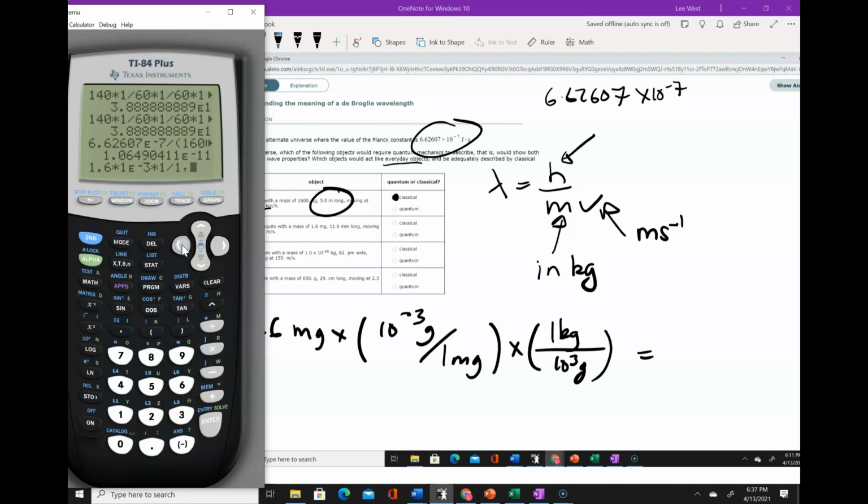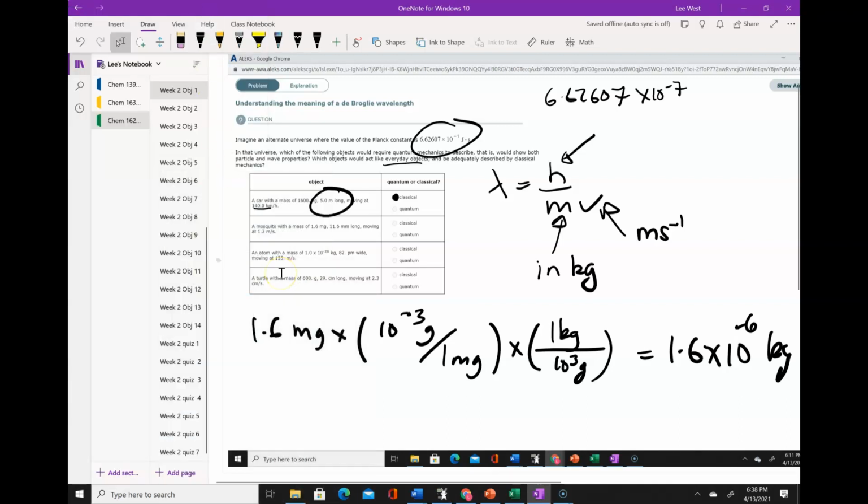Ooh, that's not good. Didn't get the second function in there. Second function. There we go. All right, there it is, 1.6 by 10 to the minus 6. Could have done it in our heads, couldn't we? Kilograms. Okay, that makes sense because there's like 1/1,000,000th of a kilogram in a milligram. All right, so we're all good there. We knew we had it anyway because our units worked.